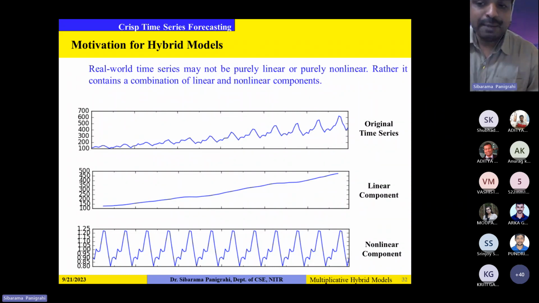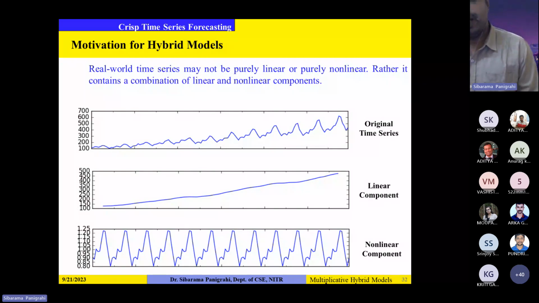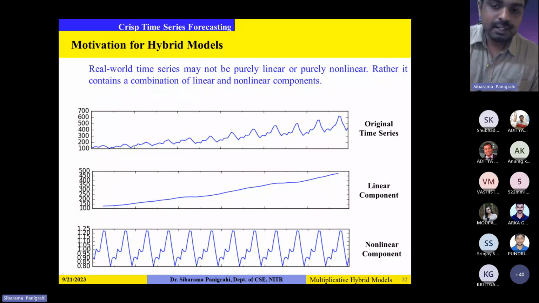But if your time series contains a combination of linear and nonlinear patterns, then you have to use both, or you have to use a hybrid model by incorporating a linear model with a nonlinear model. So nowadays, these hybrid models are extensively used in time series forecasting.